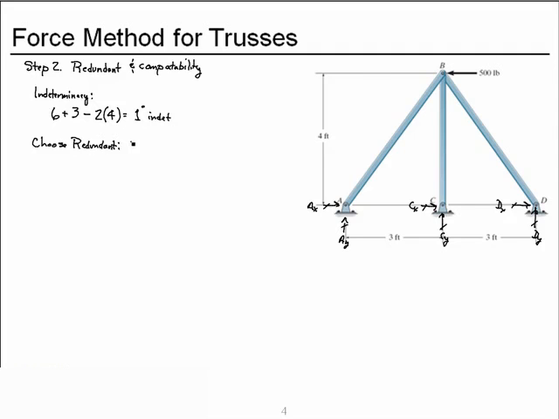In this case, I will choose the axial force in member BD to be my redundant, which means my structure basically looks like that.